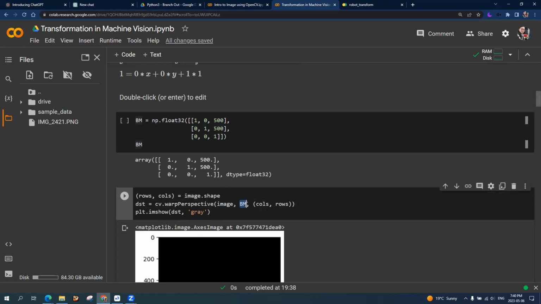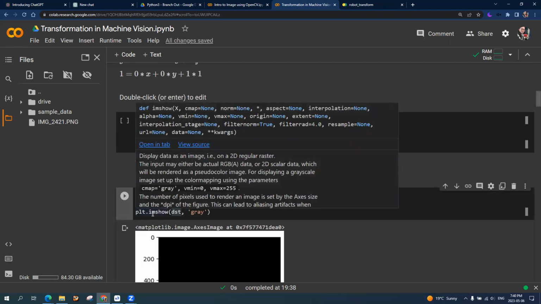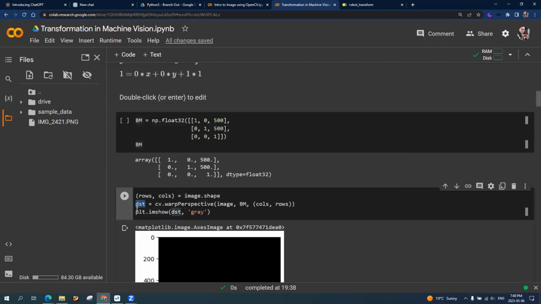And then you supply the matrix. And then you also need to tell OpenCV what the size of your output is. And then you get the result out of this function, and you assign it to another variable. After that, you can show this new image, what it looks like. All right.